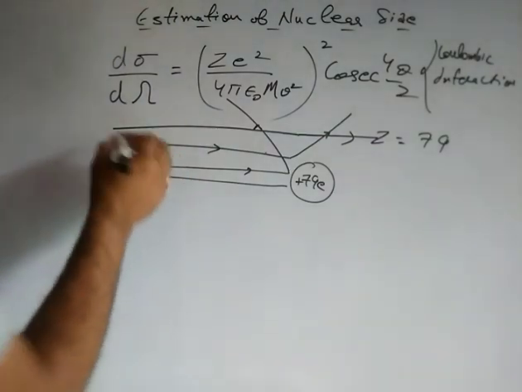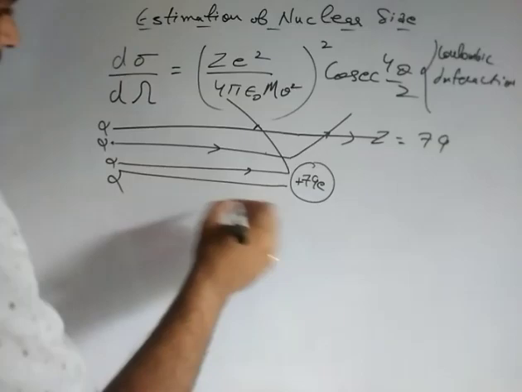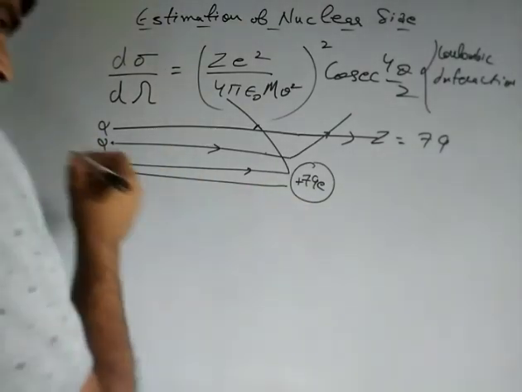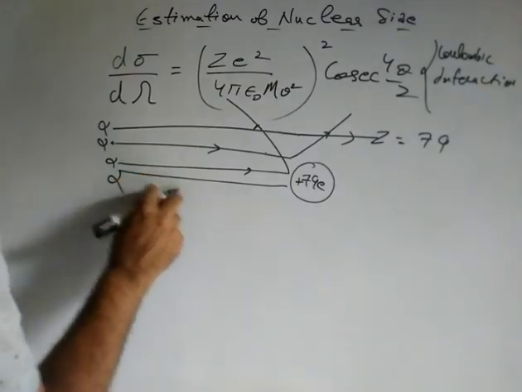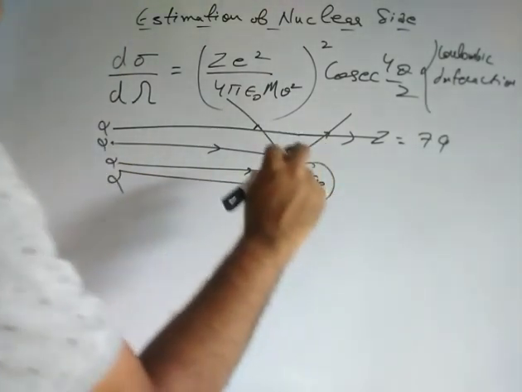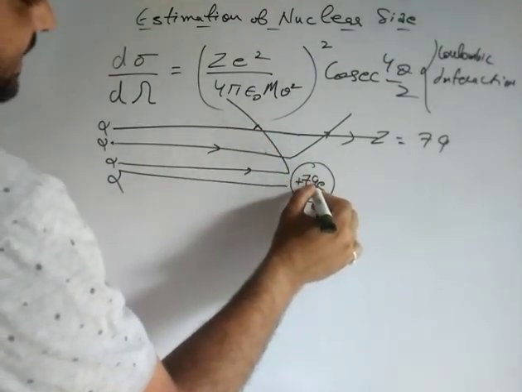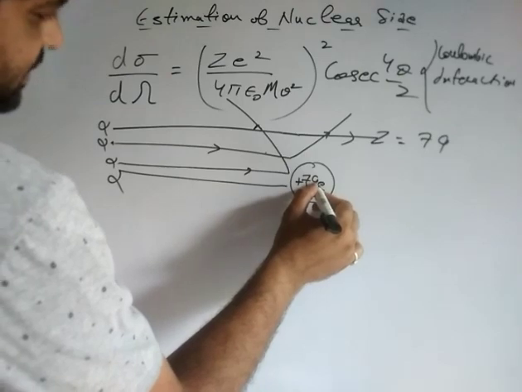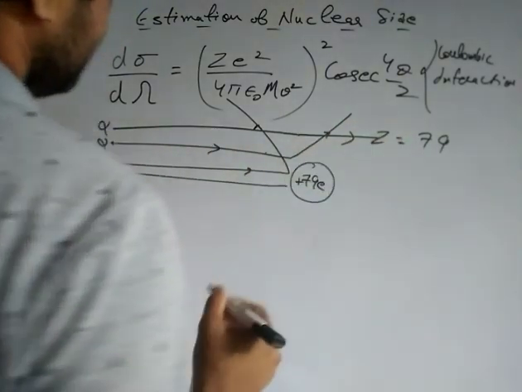So we can see that only those alpha particles heading towards this gold nucleus suffer large deflection. Alpha particles which are at a larger distance from the center of the gold nucleus suffer no deflection or very small deflection.